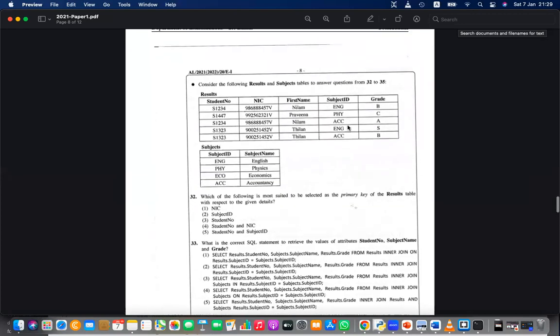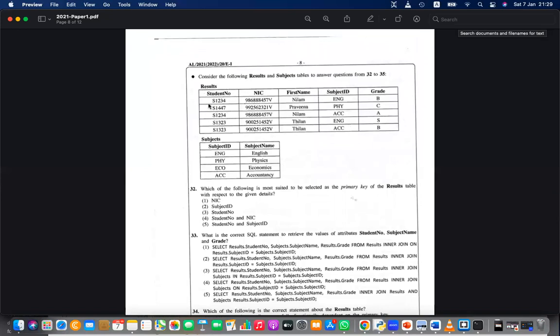Then the relevant table should be mentioned. Select results.student number, subjects.subject name, and results.grade. Okay, that is correct.